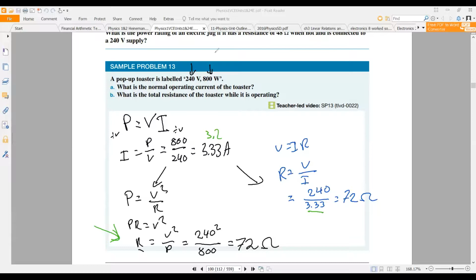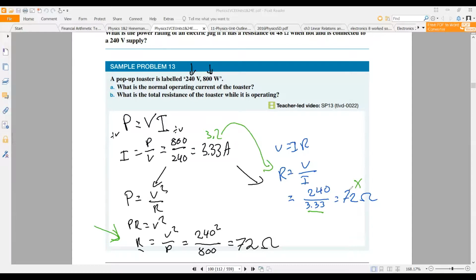If I had gotten 3.2 instead, and then I used that answer here, I would have got an even worse answer here. I would have carried my error over from one place to another. And so I wouldn't have just got one question wrong, I would have got 2 questions wrong.